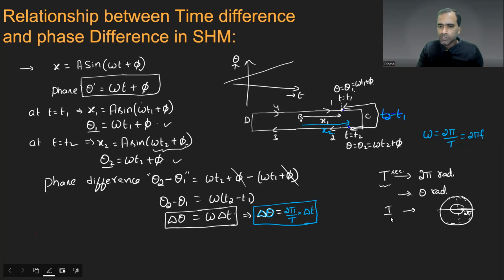Let's divide with 2 pi on both sides. Then 1 radian of phase corresponds to T by 2 pi seconds of time. For 1 radian, the time taken is T by 2 pi. For theta radians, how much is the time taken?